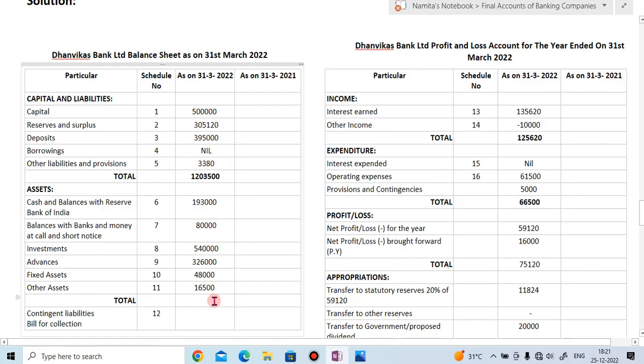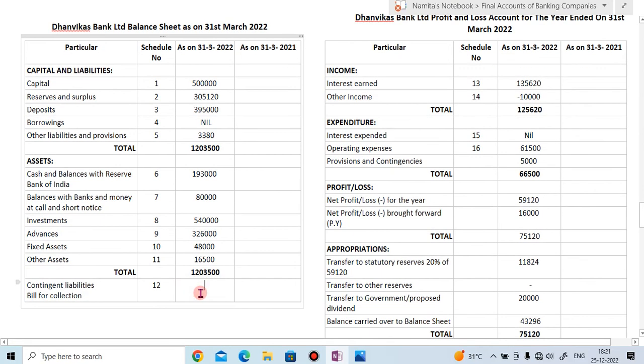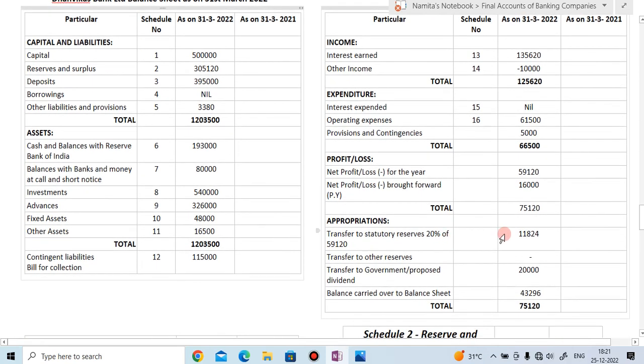Okay, now add all the assets, so total will be 12 lakh 3,500. So you can see liabilities and assets total is same, and what is remaining, schedule number 12, that is 1,15,000. Okay, so in this way you have to prepare the balance sheet and profit and loss account of the bank. Thank you.